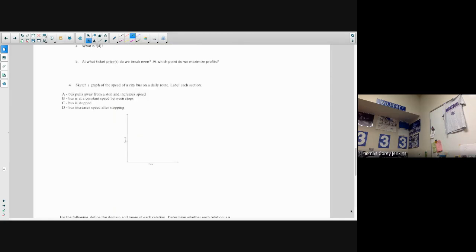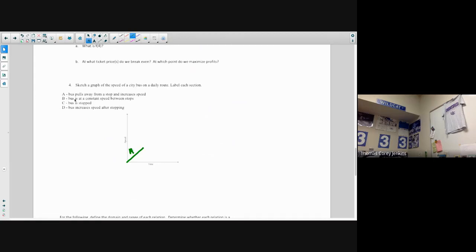Number 4, well, I guess we'll go ahead and do this. We'll try to sketch a graph of this. Looking at my variables here, they are time and speed. So we're looking at speed over time. In interval A, the bus pulls away from a stop and increases speed. So as time is going, we are increasing in speed. That would be a positive slope.